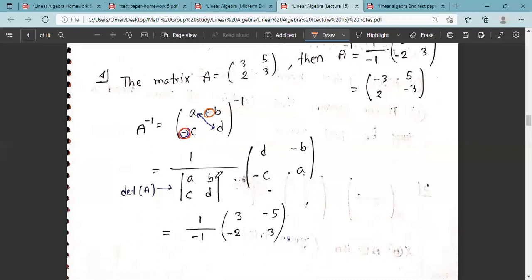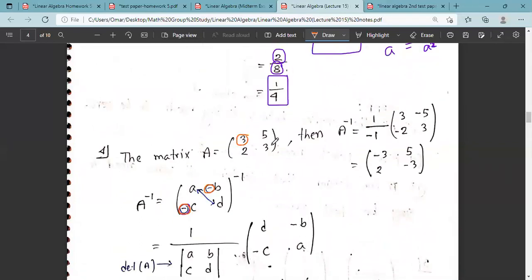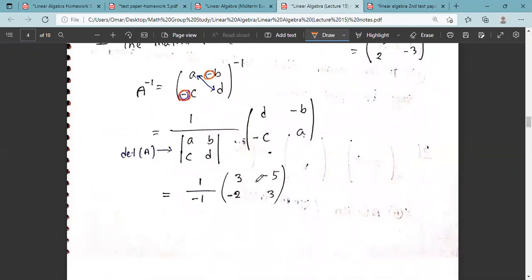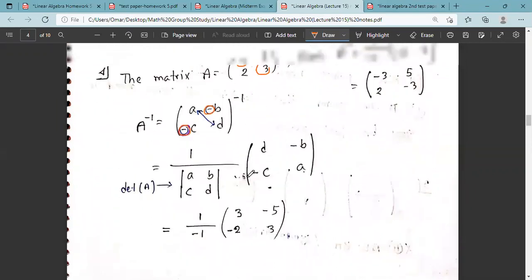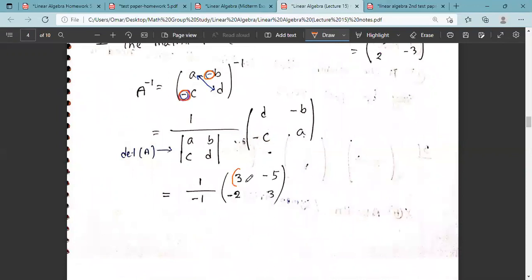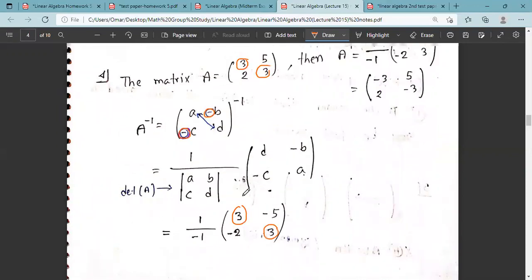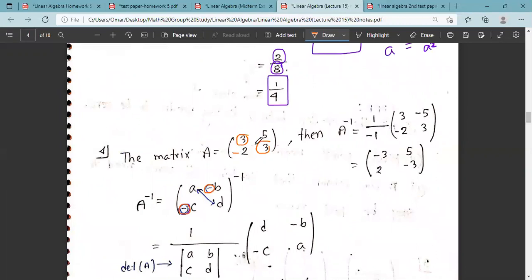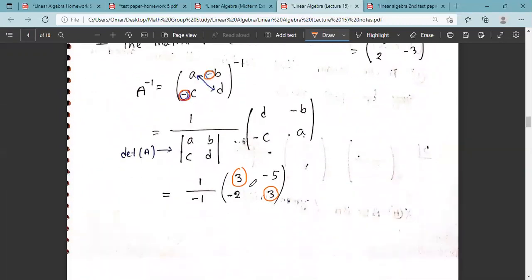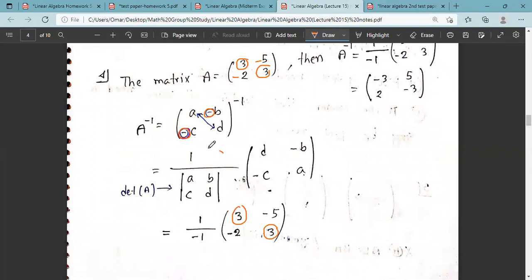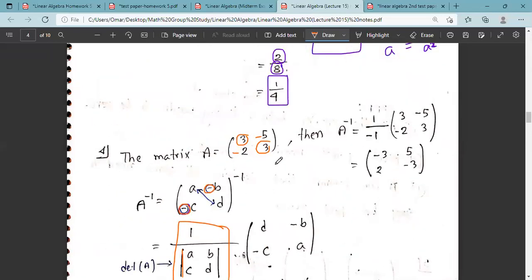This way, we have 3 here and 3 here, so we can just change those positions. So I'll get 3 and also 3 here, and then I have to multiply a minus sign here and also here. So I'll get minus 5, minus 2, and before that we need to write 1 divided by the determinant of the matrix.